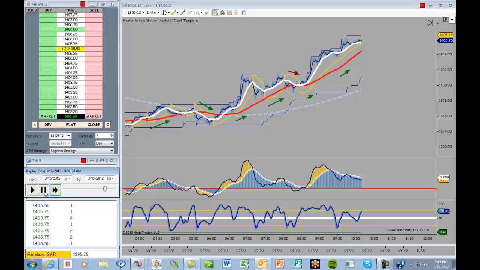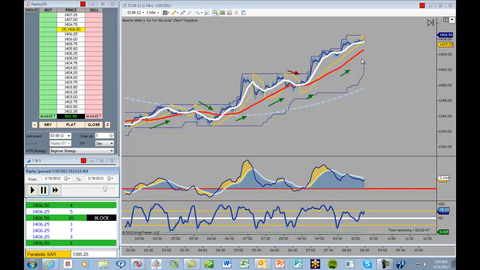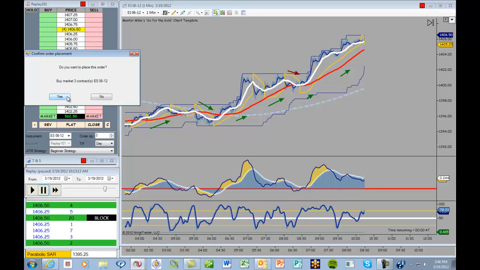Okay, flip the parabolic. Alright, now we're back to bullish on the parabolic. We've got little bullish curvature on both stochastic and MACD, so let's get long here.